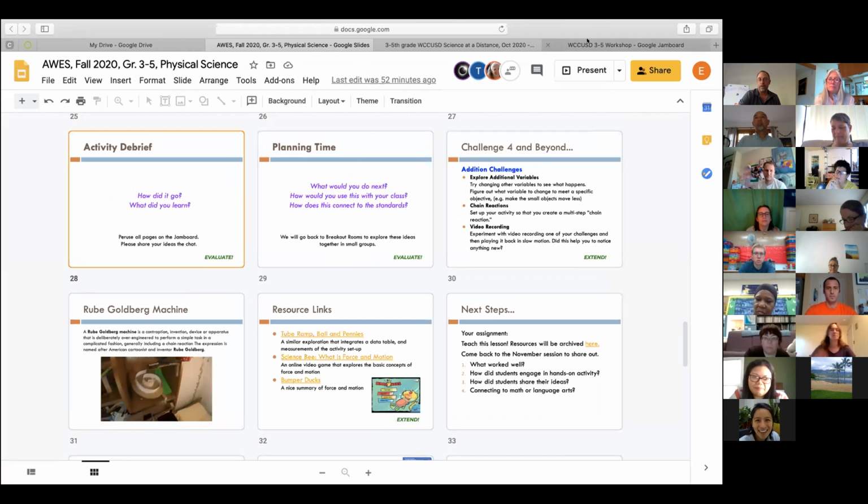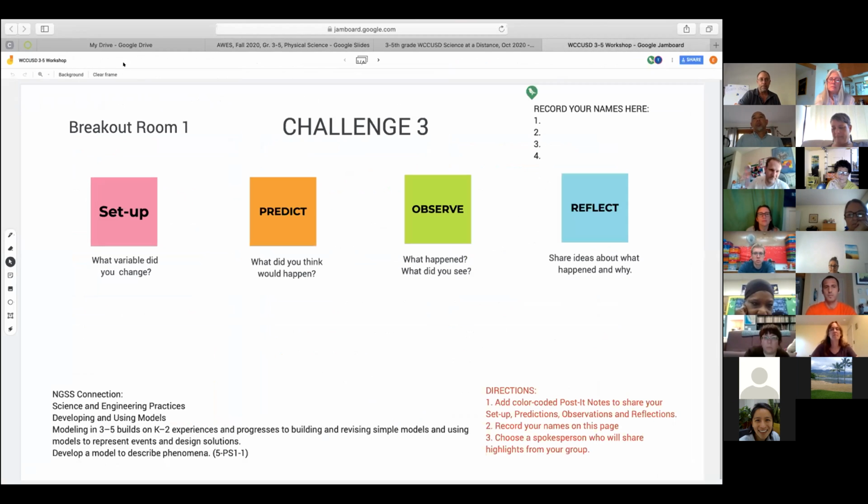The first thing I wanted to show you was the Jamboard that we didn't use, but it will be available to you. It's essentially just, again, another tool for your students to share and document and record, right? So imagine doing these challenges and using Jamboard so that they can talk about the variables that they tweaked, what their predictions were, what their observations were, and what their reflections were.